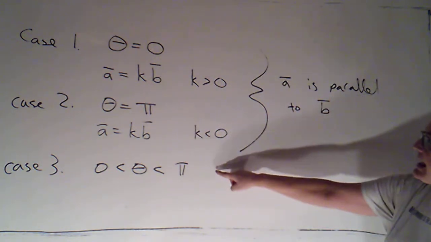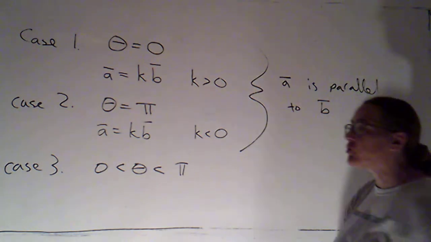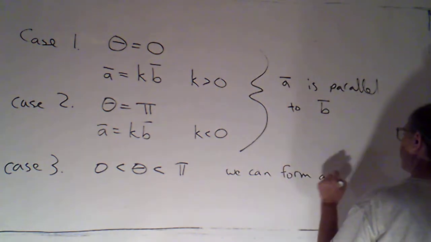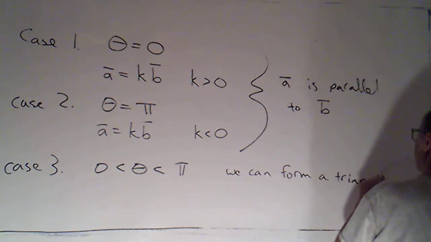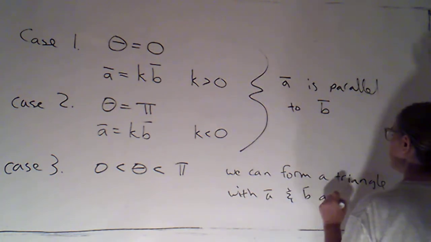Here, if they're not parallel, I can form a triangle with A and B as 2 of the sides.